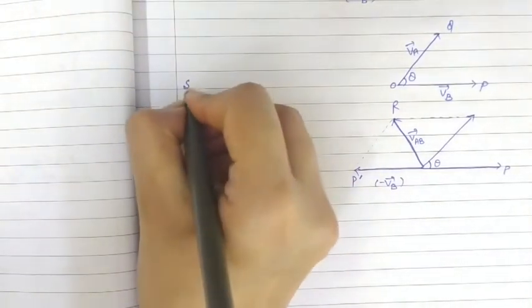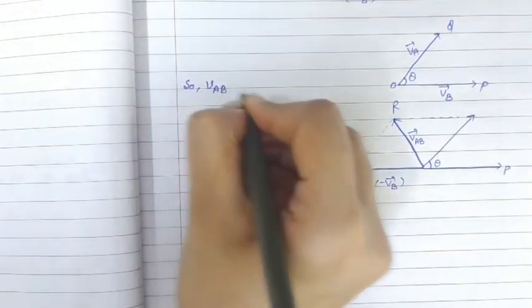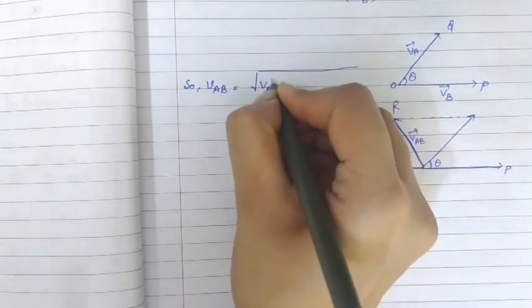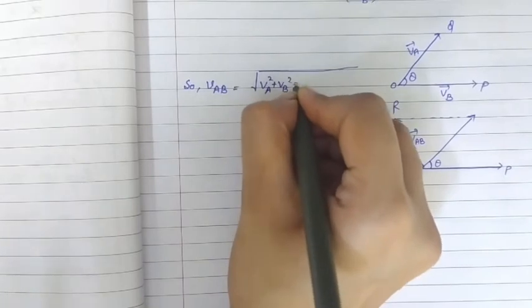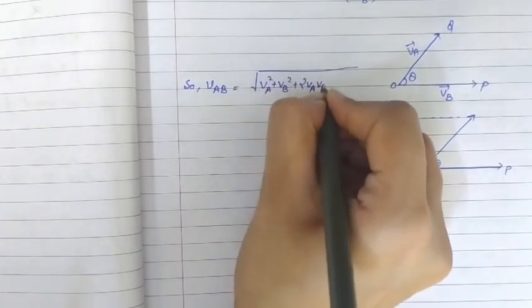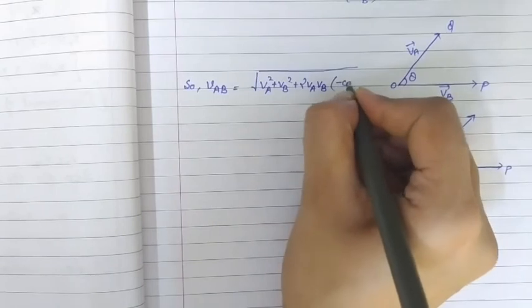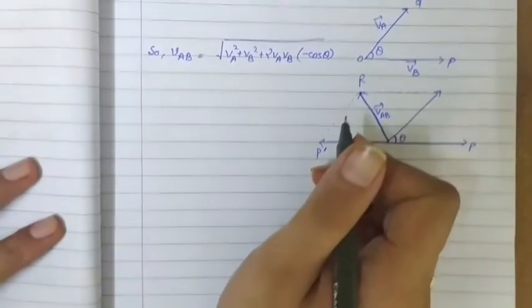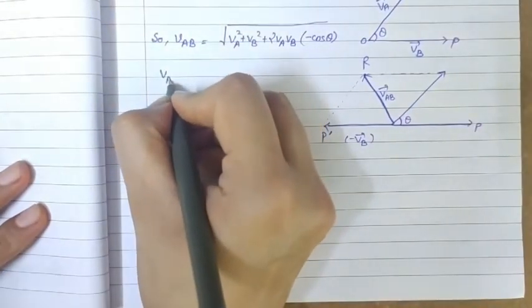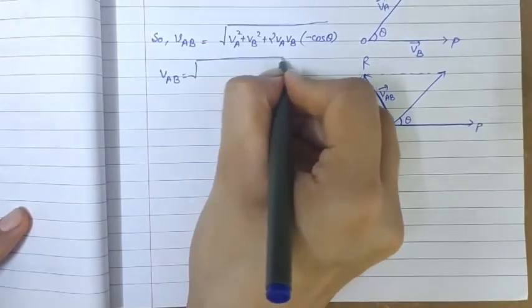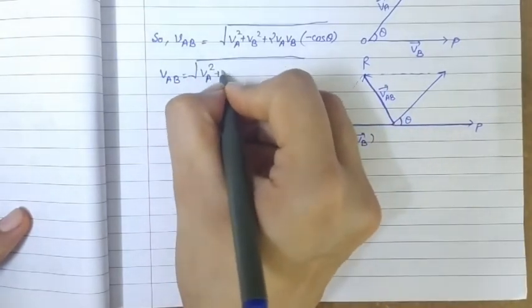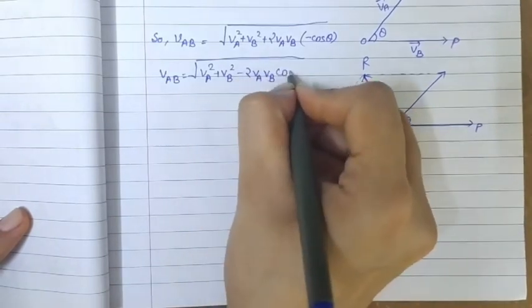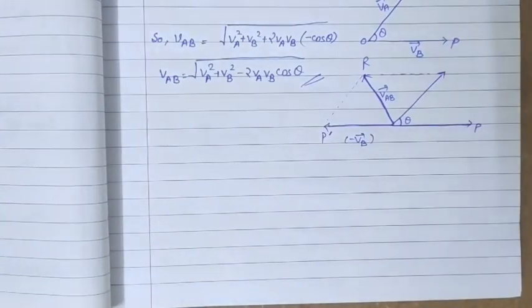So magnitude of VAB is equal to under root VA square plus VB square plus 2VA VB cos 180 minus theta, and cos 180 minus theta is minus cos theta. So VAB is equal to under root VA square plus VB square minus 2 VA VB cos theta. So this is the magnitude of relative velocity VAB.